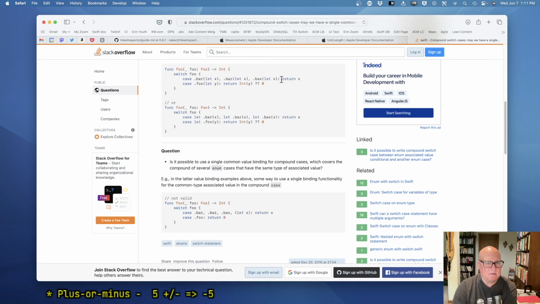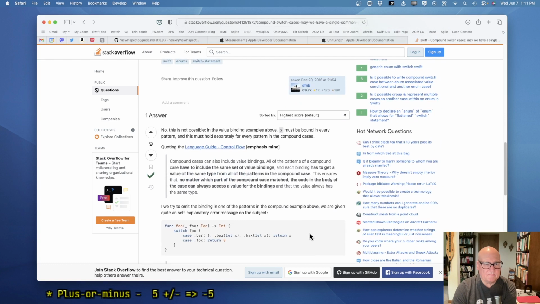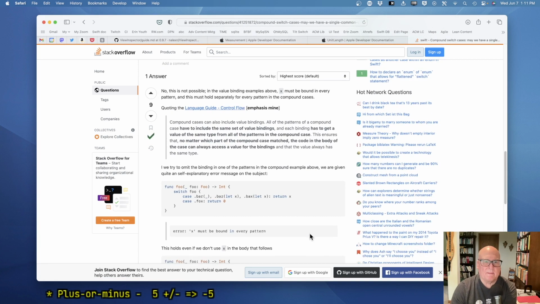That's what we're trying to do. Cases include value bindings. All the patterns have to include the same set of value bindings. Each binding has to get a value from the same type from all the patterns in the compound case.